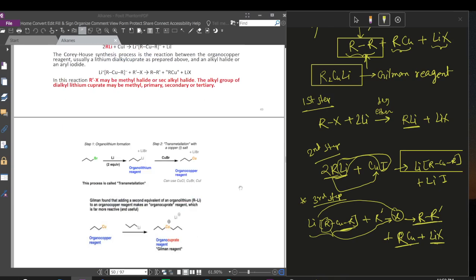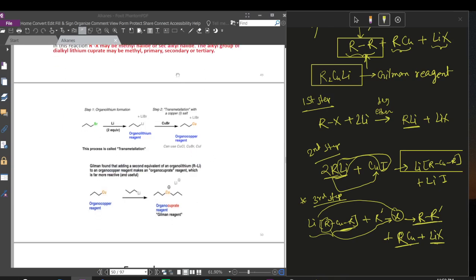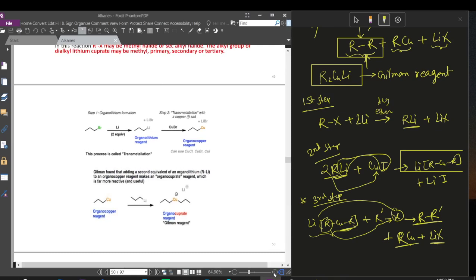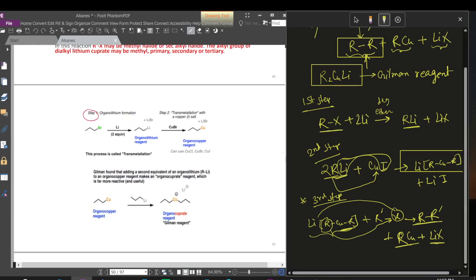Here we also see an explanation with skeleton formulas. On this page we see that the first step is organolithium formation. In the first step we need the alkyl halide to react with lithium, and this will form alkyl lithium.